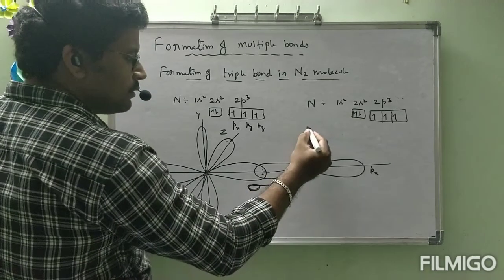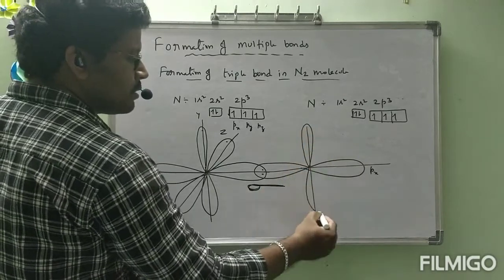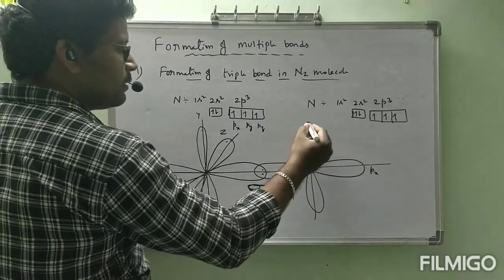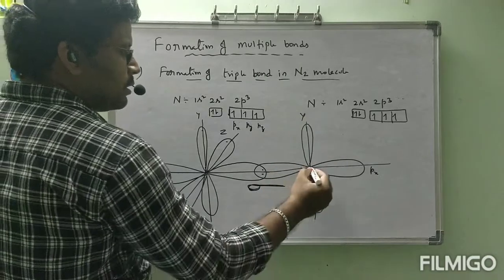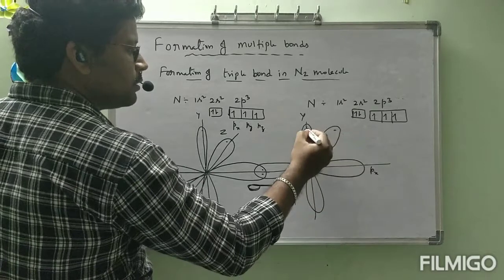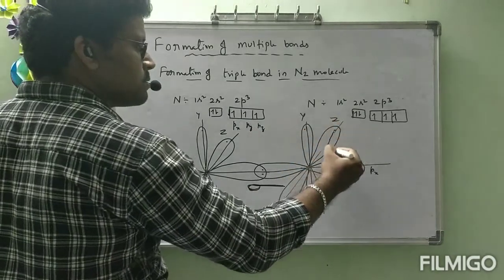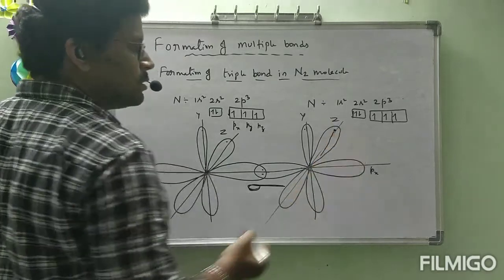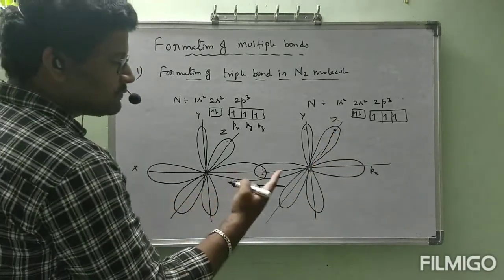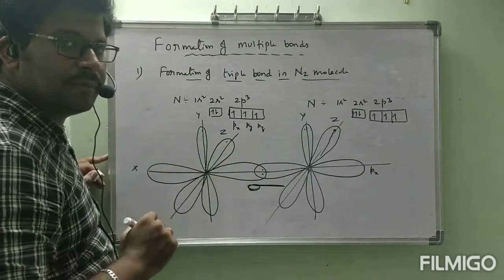Next, Py and Pz. See, at once the sigma bond is formed. There is no chance for Py and Py to undergo complete overlapping.